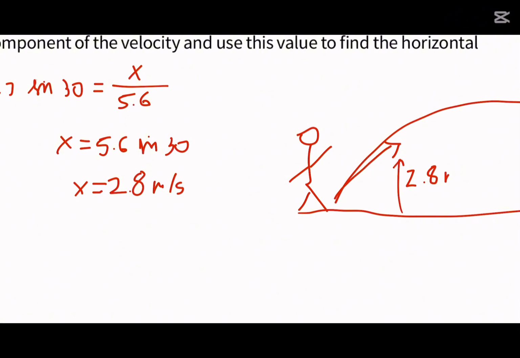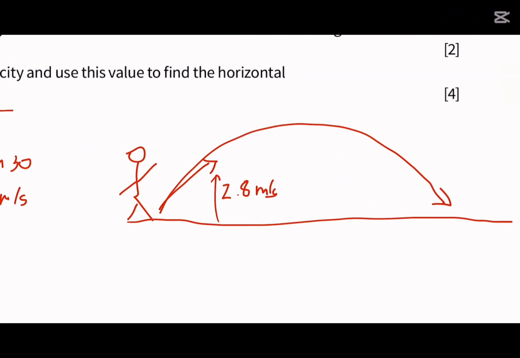The vertical component of this person is going up, and it stops at the maximum point of the trajectory, and then it goes back down, and the displacement is 0.